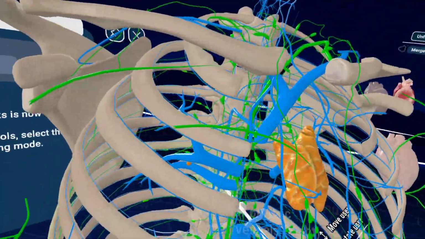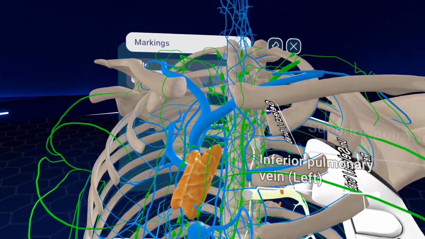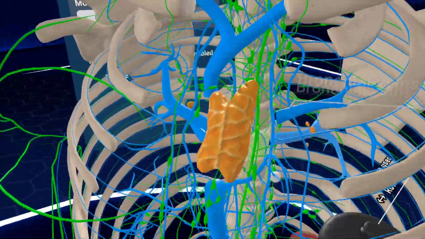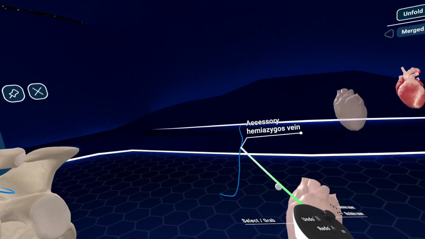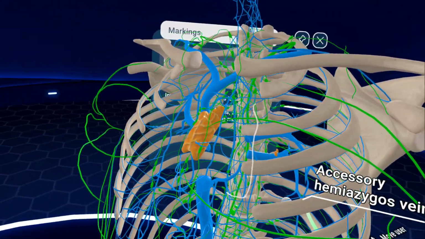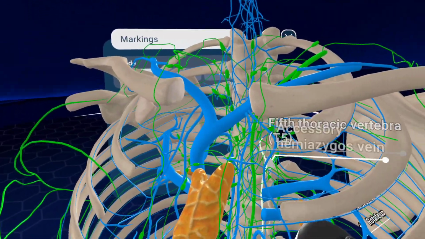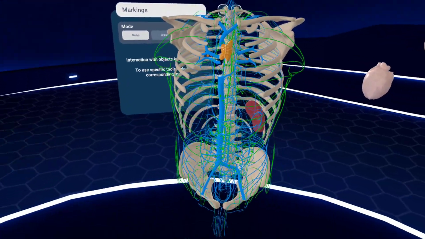It is really hard to find it between all this network of veins. Hemiazygous. I think this is another name for the hemiazygous vein. There are no other veins here. So this is the hemiazygous vein. I think they call it another name, which is accessory hemiazygous vein.